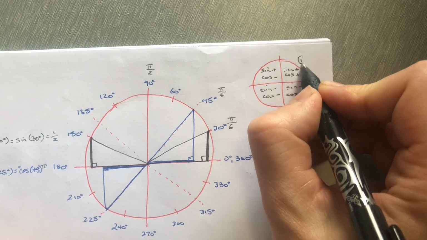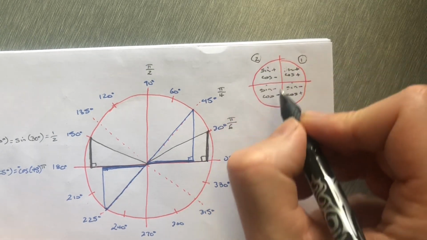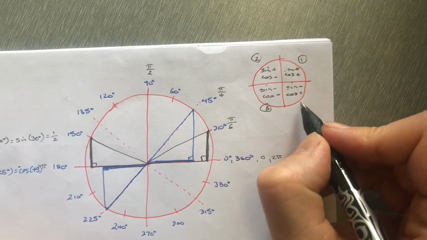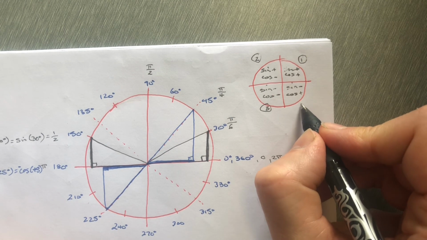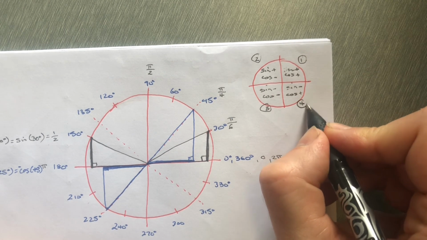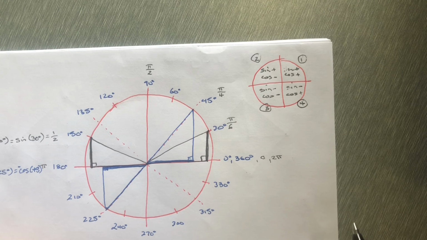So we've got quadrant 1, quadrant 2, quadrant 3, and quadrant 4. Yeah, so hopefully that helps you guys out a little bit and kind of touches on some of the things we looked at before. The next thing I'm going to do is have a look at today's exercise, which is about drawing the graphs of these circular functions.